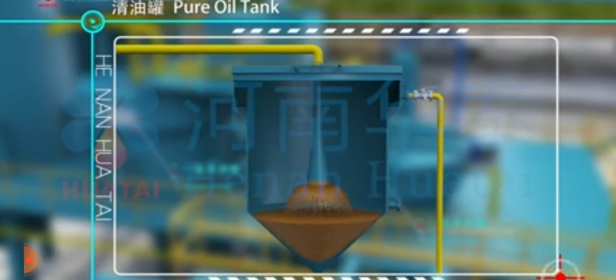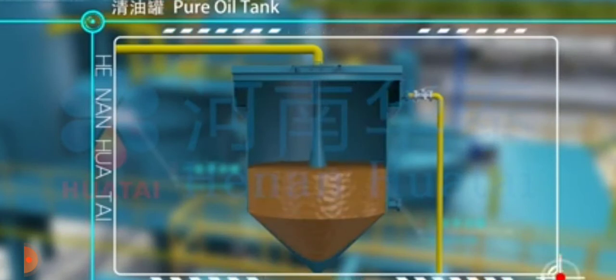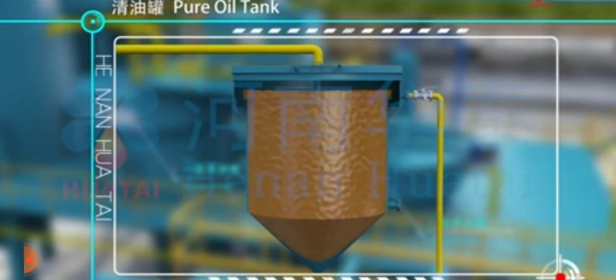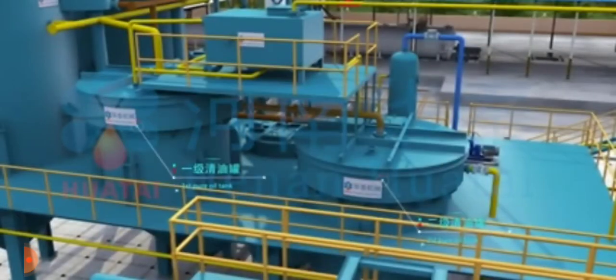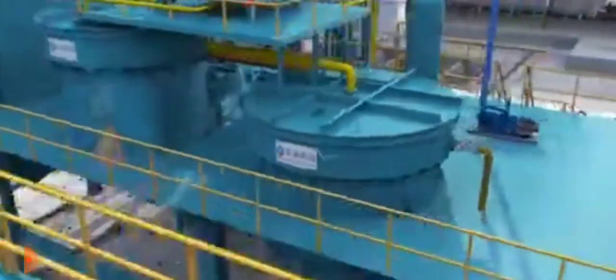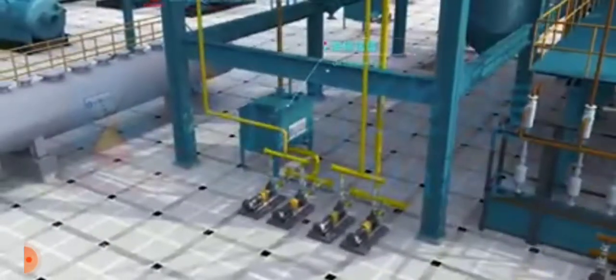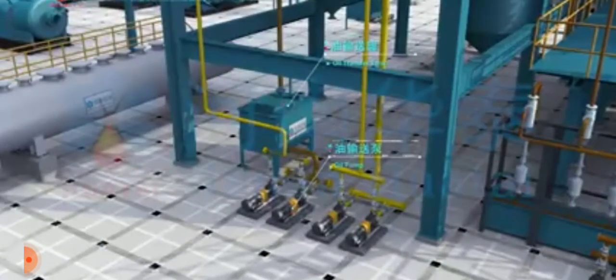After the oil enters the first stage clear oil tank for heating and precipitation, it overflows for reprocessing. Clear oil overflows into the oil transfer tank. Use the oil pump to pump into the oil heating tank.